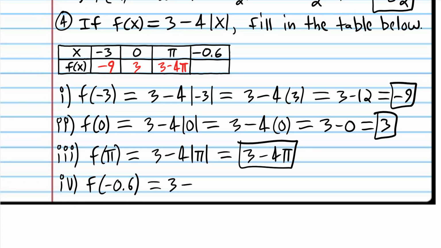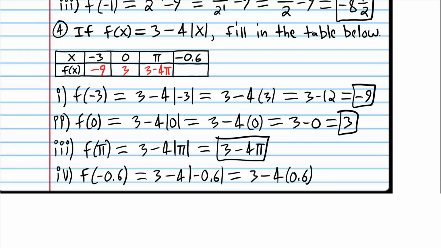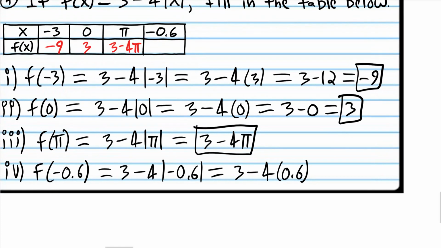So now let's plug in negative 0.6 for the input. Negative 0.6. So we have 3 minus 4 times 0.6, because the absolute value of negative 0.6 is just positive 0.6.